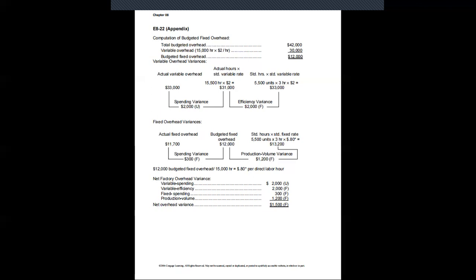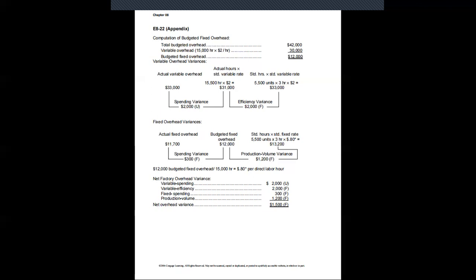The budgeted fixed is 12,000. Standard hours times standard fixed rate: 5,500 units times 3 hours times 0.80. That's the rate computed by dividing 12,000 fixed overhead by 15,000 hours. So we have now 80 cents per direct labor hour. So we now get the spending variance of 300 favorable.